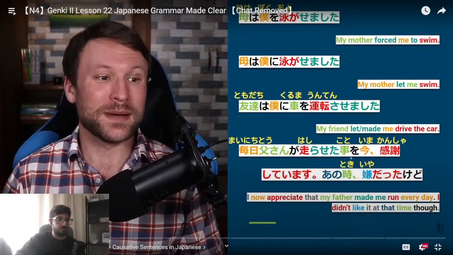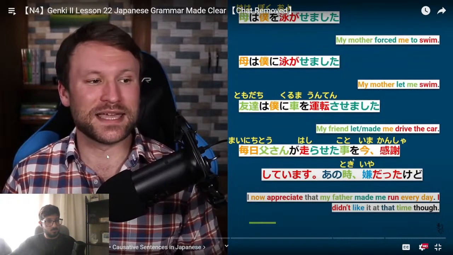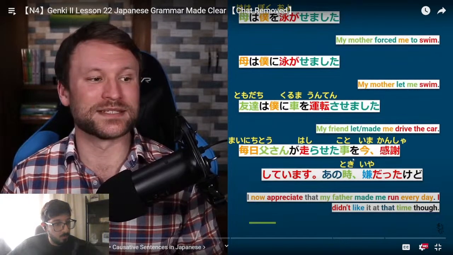ご両親は息子さんに牛乳を買わせた。The parents made their son buy milk.